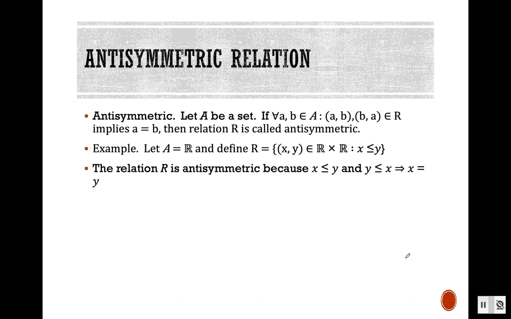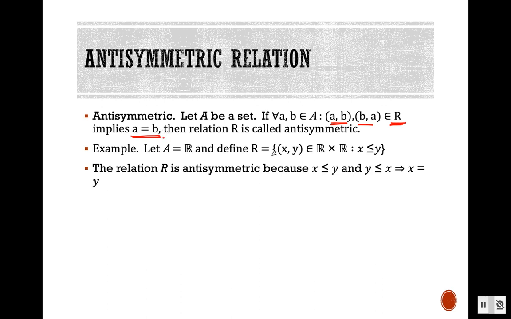Now an antisymmetric relation is actually the opposite of symmetric. If we have a set A where for all a, b belonging to A, if we find (a, b) and (b, a) belong to R, this will imply only that a equals b.